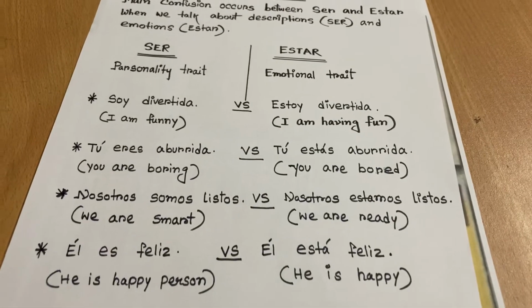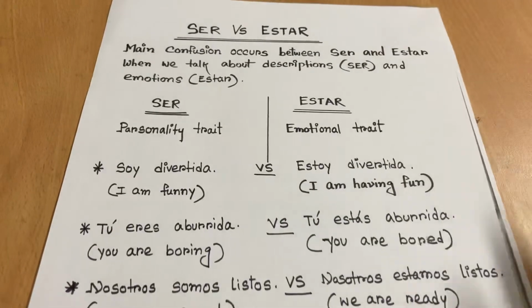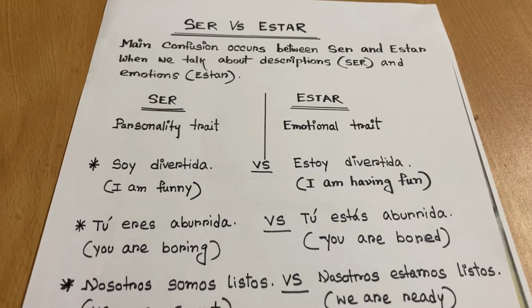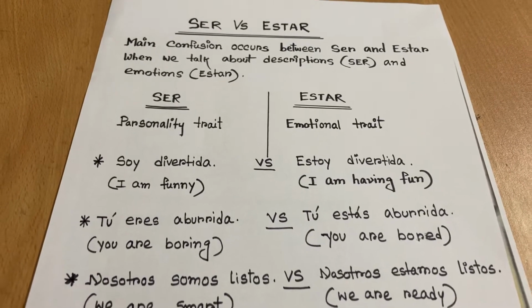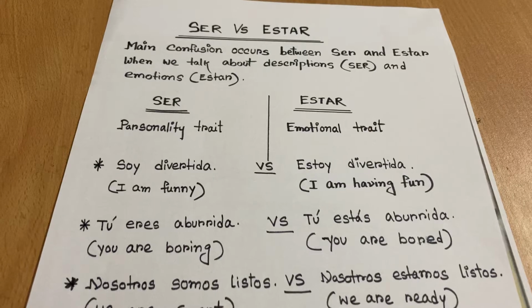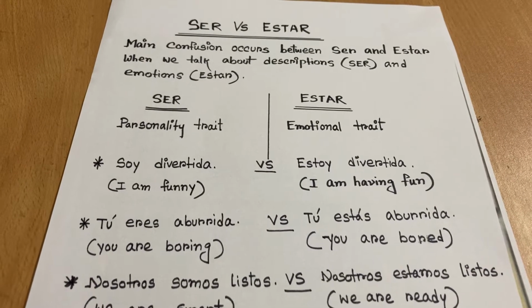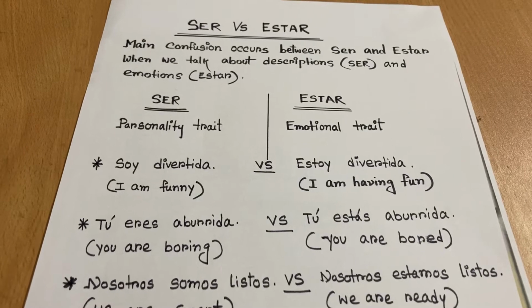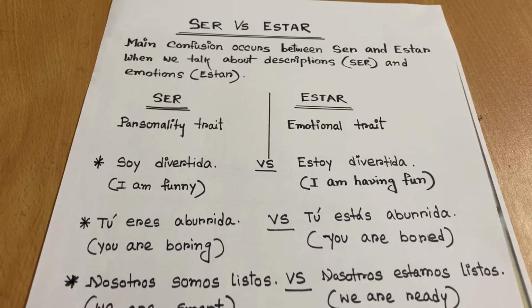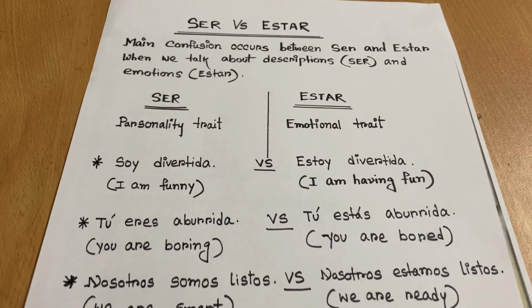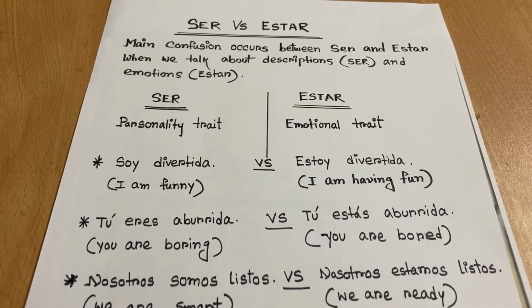Next, one more thing I need to tell you all, that the ser and estar verb confusion mainly occurs when we are talking about description. When we have to use the ser verb, and emotions. When we talk about emotions, then we have to use the estar verb.